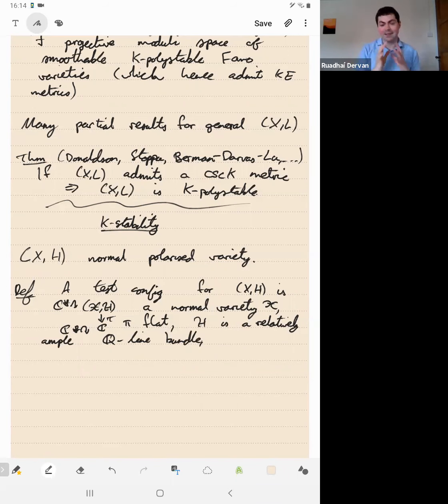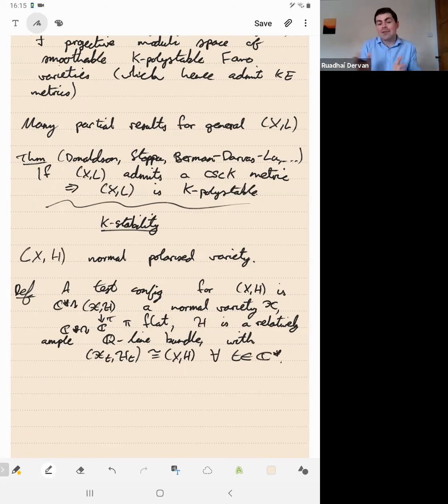And the crucial point is that the fibers away from 0 in C are all isomorphic to the thing that you care about, namely (X, H). So with curly X_t, curly H_t, this is the notation for the fiber of the morphism pi over the point t in C. This is isomorphic to (X, H) for all t in C star.